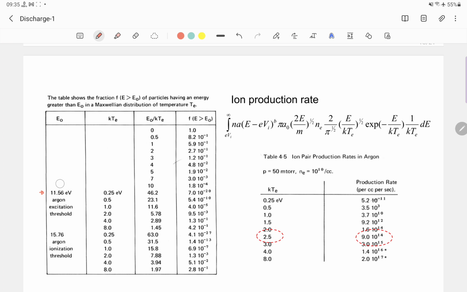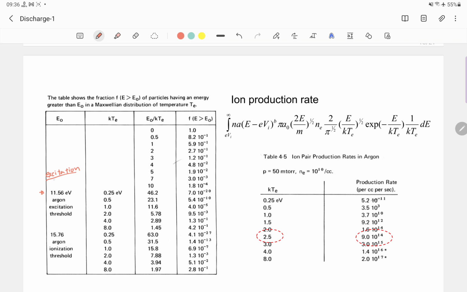So for example, if we consider the excitation process, and the energy of the electron is about 4 electron volts, the excitation energy is 11.56 electron volts, which is about 2.8 times the thermal electron energy.